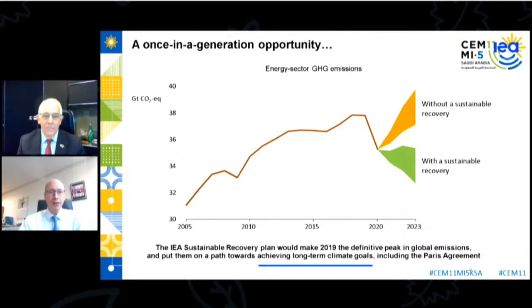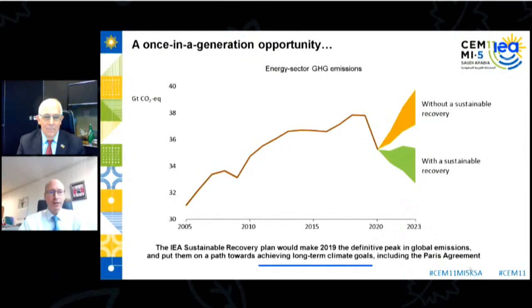What we see now, if you look ahead to 2020, is another steep reduction in emissions, quite a bit bigger, actually, multitudes bigger than what we saw in 2009. And what we face now is an urgency of now in terms of the stimulus programs, the recovery programs that governments are implementing around the world. If we don't make structural changes, if we don't do the kinds of deployment and development that we're going to be talking about during the session, we go in the brown area without a sustainable recovery.